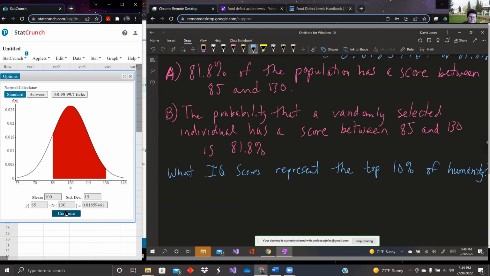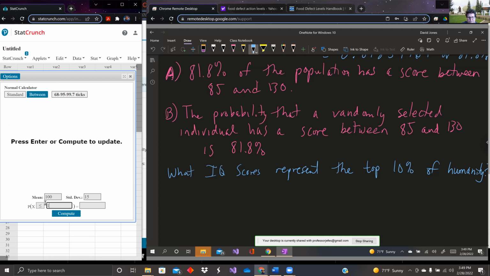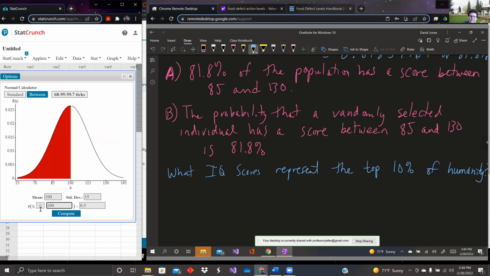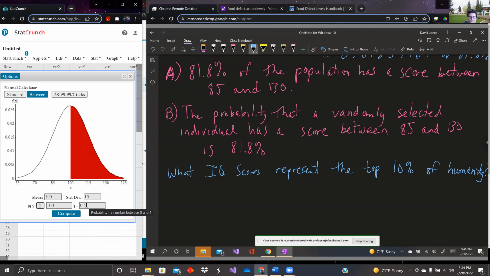Well, here I'm asking for what these values are. And since I want the top one, I don't want a range between, I want one of the end sides. So I'm going to come back over to standard. And let me just put 100 to see which way everything's going. X less than 100 is to the left. I want to the right. I want greater than. And exactly 100 is 50%.